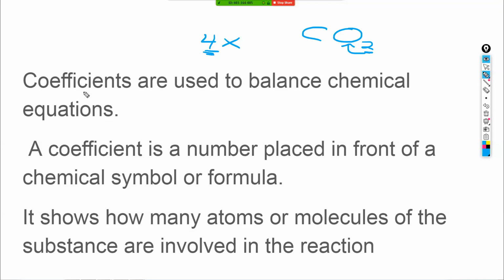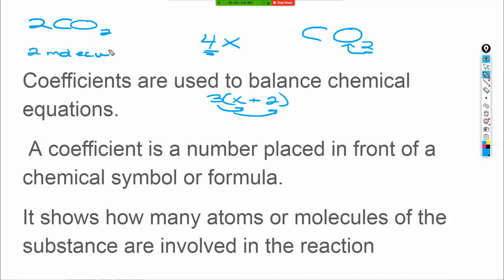The coefficient, however, you want to think about math class. If you have something like 3 times x plus 2, hopefully you know you're going to distribute that coefficient throughout, and it applies to everything it's attached to. So 3x plus 6. The same thing is true here. If you have 2 as a coefficient of CO2, that tells you you're going to have 2 molecules of CO2.